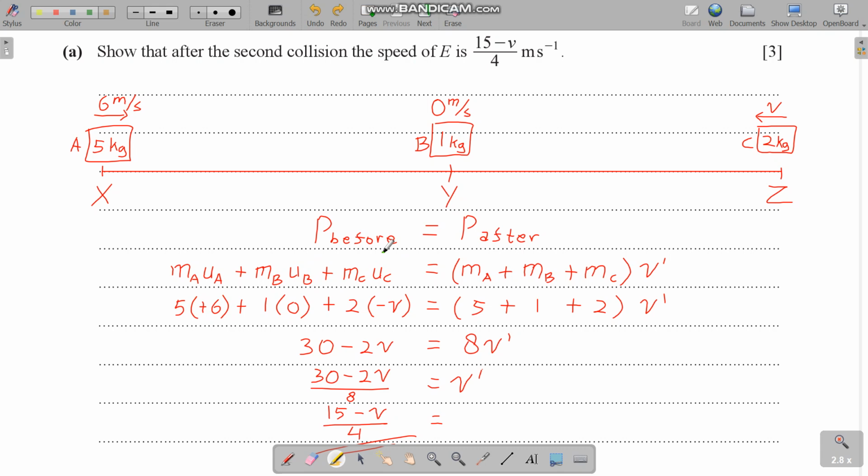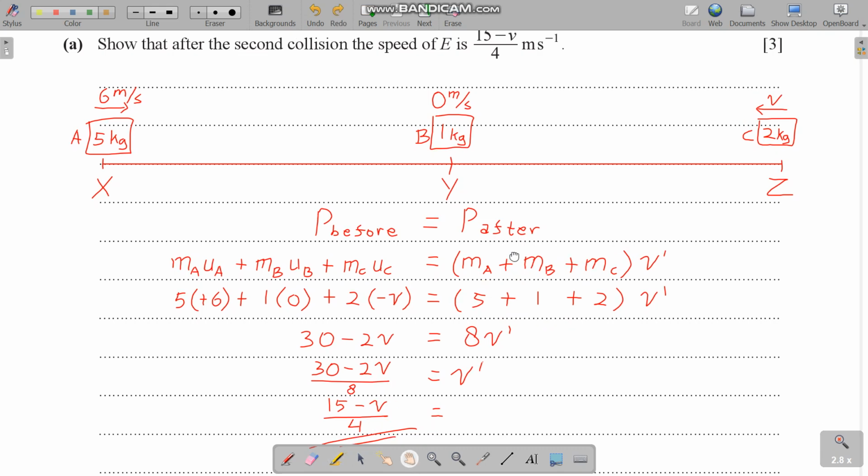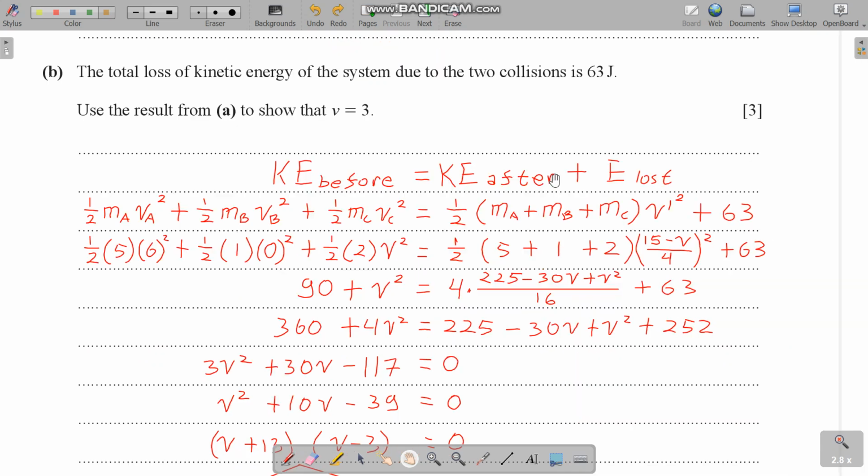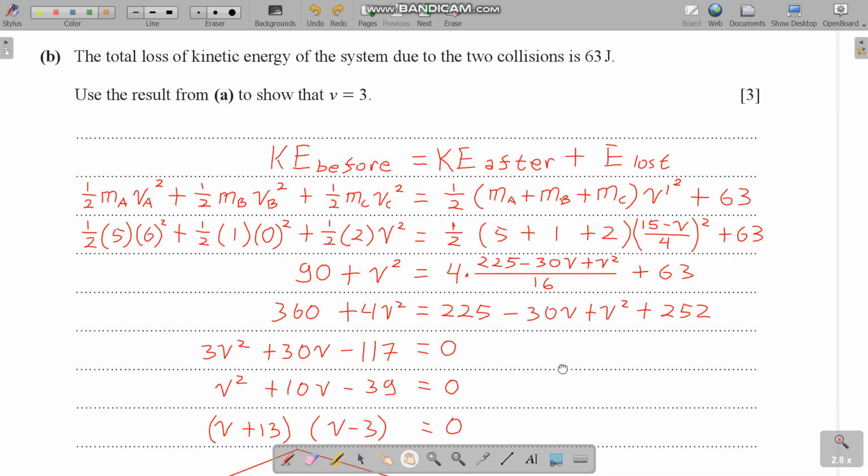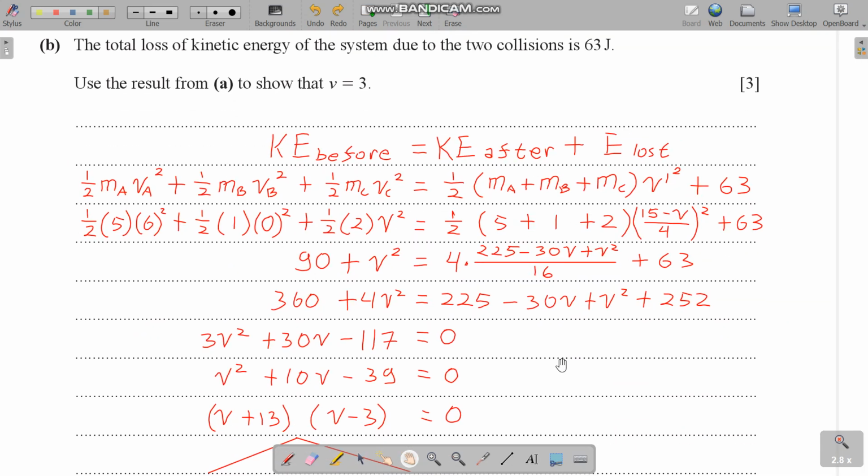Because they coalesce, they stick together, we can combine all the masses because they have the same final velocity of the collision. We call it V dash. So use your calculator. This is 30, this is minus 2v, this is 8, and therefore the velocity after they coalesce is this. Proven.